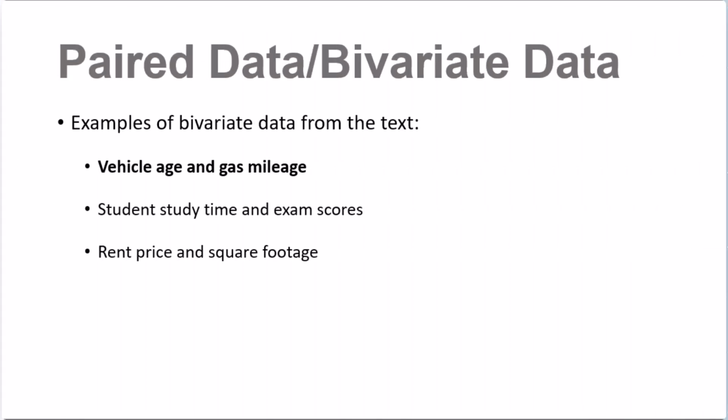So if I consider one of these examples, vehicle age and gas mileage, what a scatterplot would show is two axes where each axis represents one of these variables. So maybe vehicle age is my horizontal axis and gas mileage is on my vertical axis.